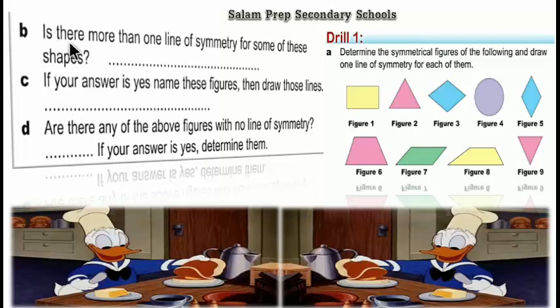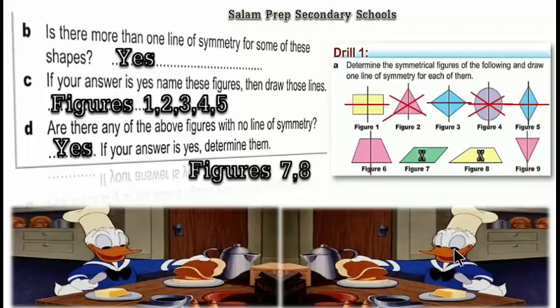Is there more than one line of symmetry for some of these shapes? Excellent. Yes. Look, figure 1 has 2 lines of symmetry. Figure 2 has 3 lines of symmetry. Figure 3 has 2 lines of symmetry.